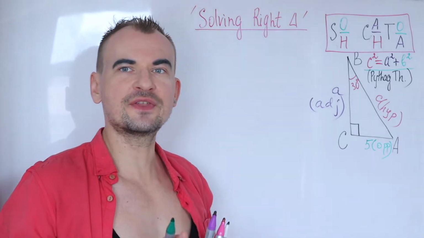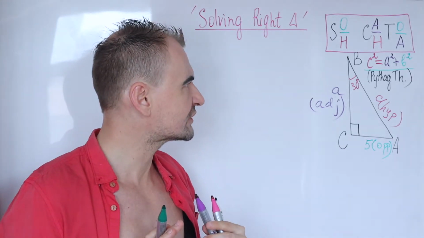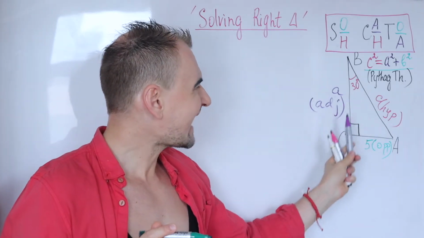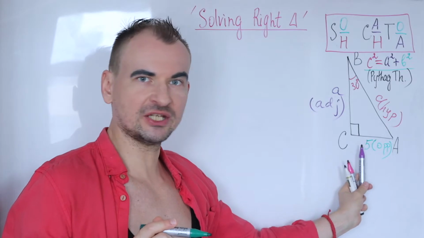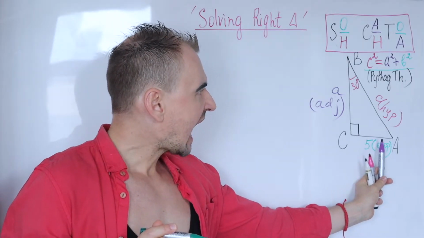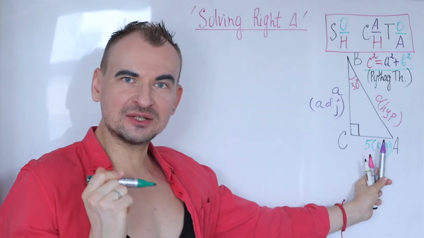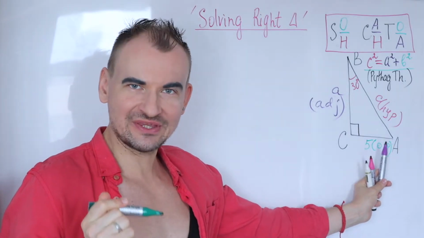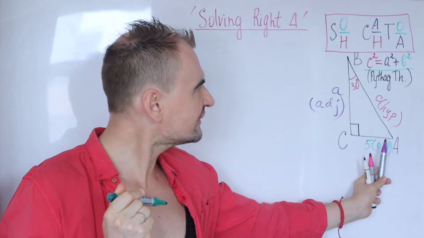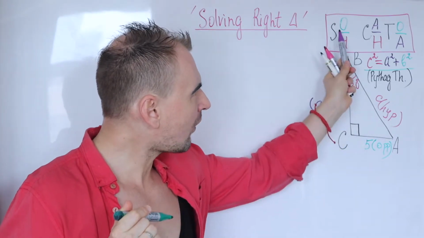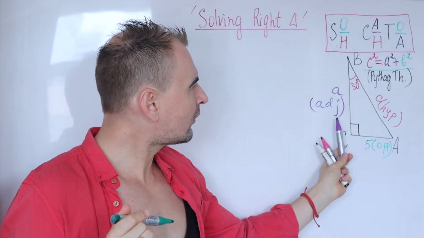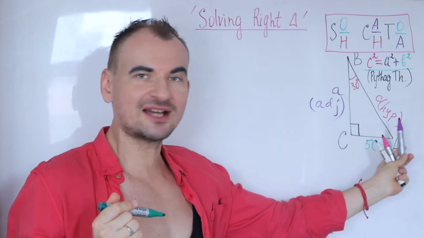As a good rule of thumb, you should pick a function that involves a side that you already know, the opposite side, and a side that we don't know yet, that we're after. So in this case, we know the opposite, but we don't know the adjacent and the hypotenuse.